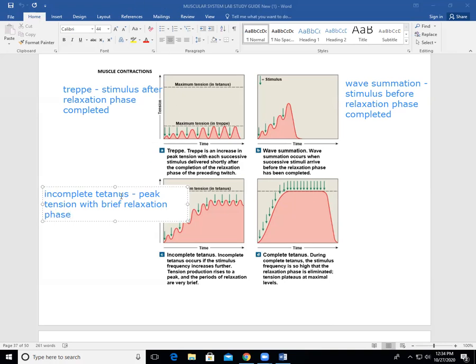Versus with complete tetanus, frequency of stimulus is so high, you eliminate a relaxation phase. You get a plateau.